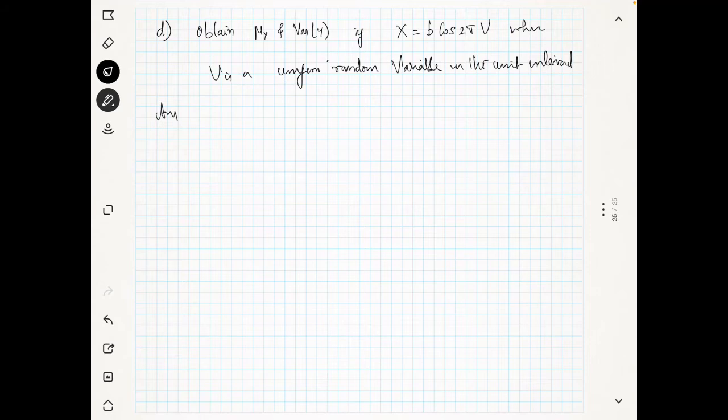So what is the meaning of this? It has been given that x is again a function of u, b cosine of 2 pi into u.